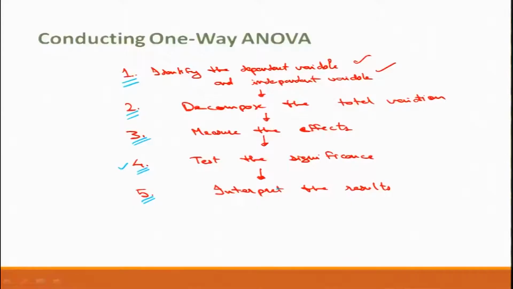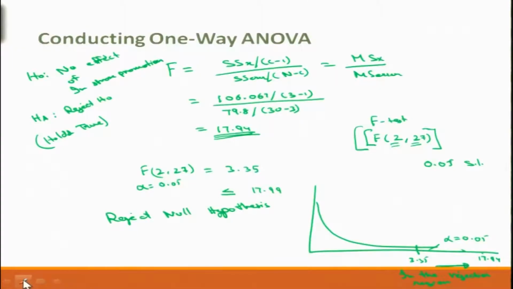So, this is the next step. We have tested the null hypothesis. Now, we will move to the final step, that is interpretation of the results. We rejected the null hypothesis, and the interpretation is that the in-store promotion has a significant effect on the sales.